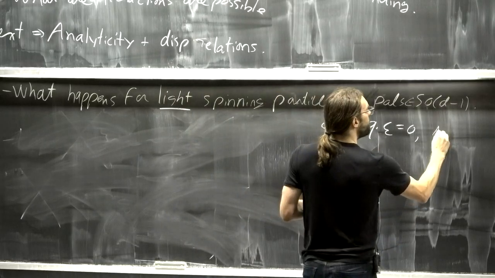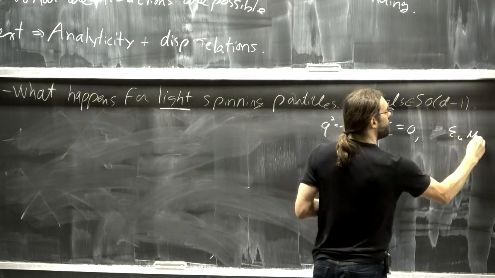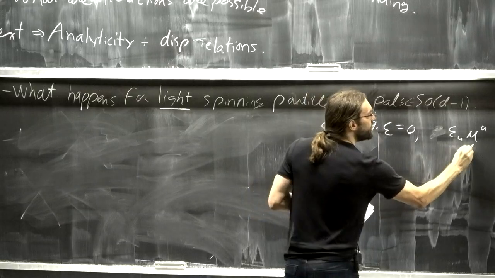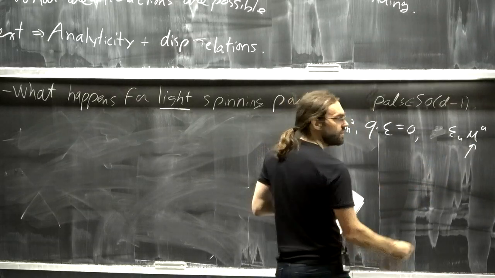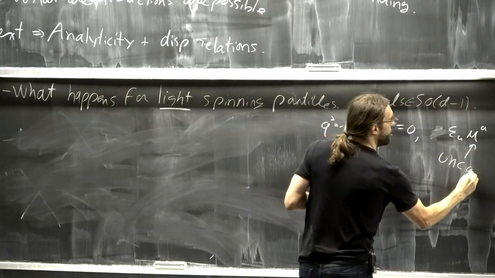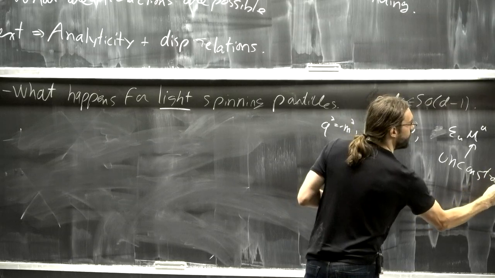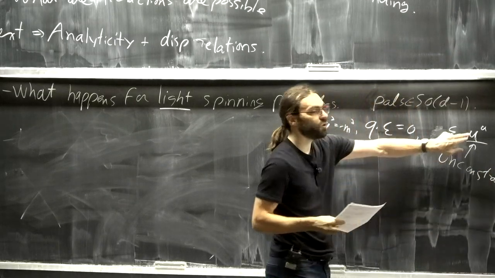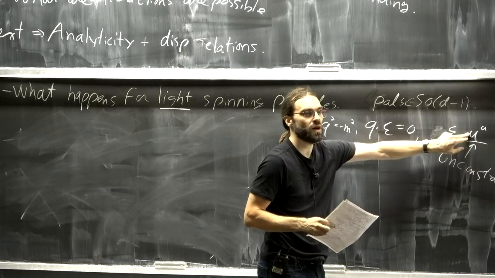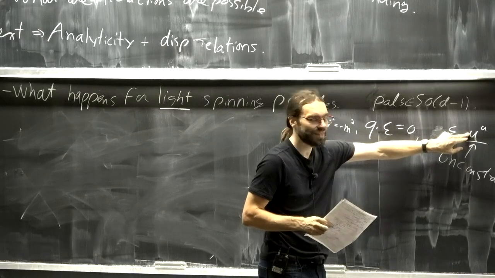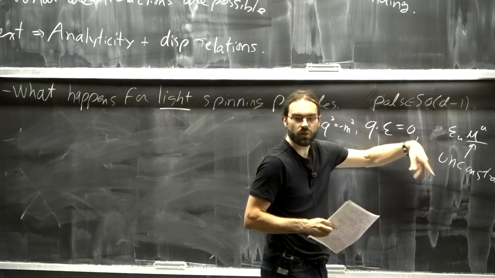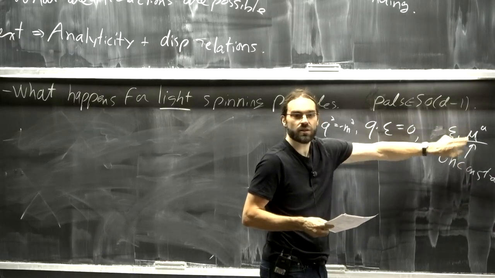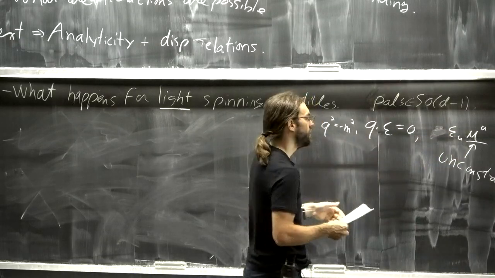When you look at the amplitude, it takes this form, which means that this amplitude is unconstrained. So the amplitude no longer needs to satisfy Ward identities. When you have a massive particle that couples to stuff, the thing that sources it doesn't need to be a conserved current. Okay.